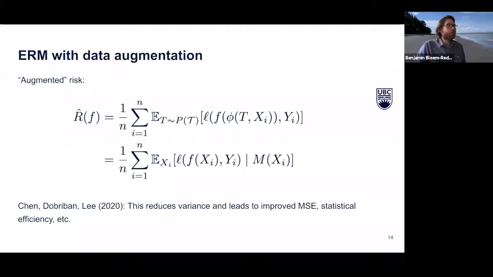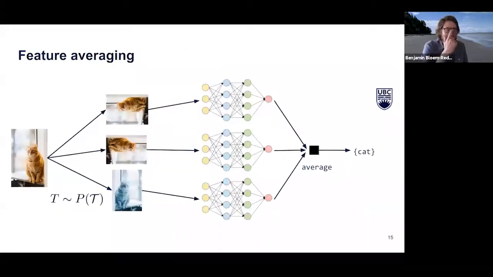So there's a related technique called feature averaging, and it's so related that it's almost not different. But the idea here is that instead of averaging your loss, you average your neural network, and then check your prediction based on the average neural network.